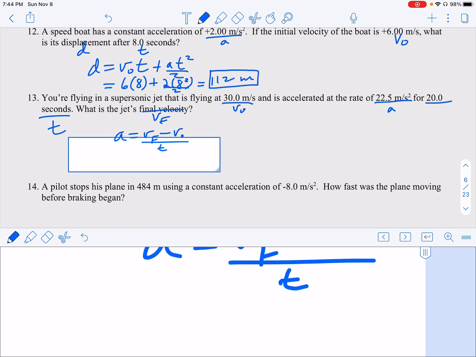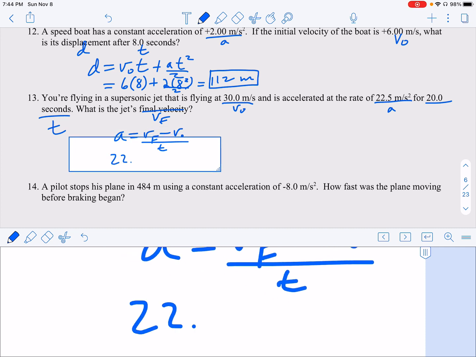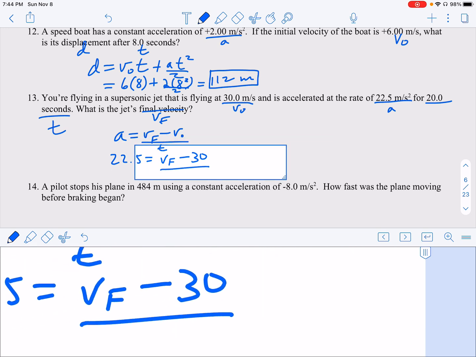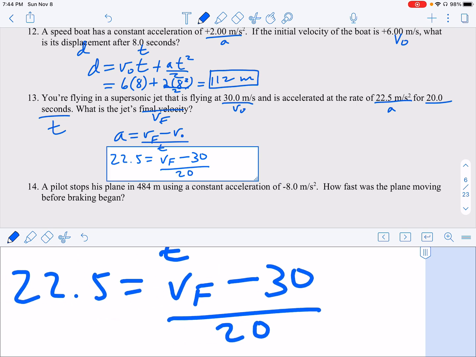So A is 22.5, equals VF, which I don't know, minus VO, 30, over 20 seconds. Cross multiply.